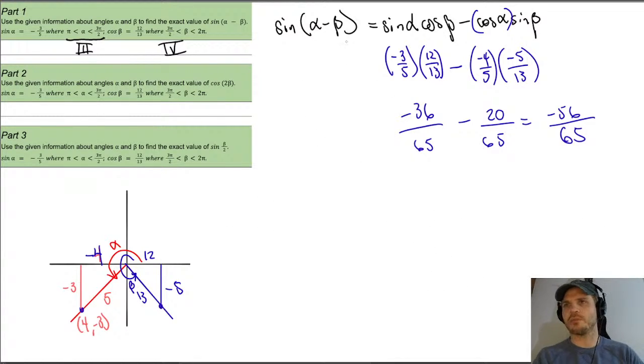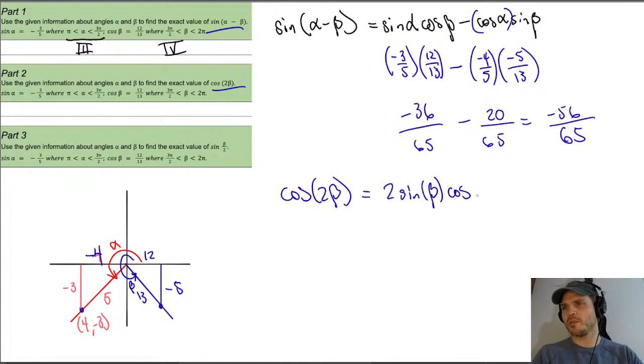Yeah. Okay, so same thing. The first time they asked us to find this one, in part 2 they asked us to find the double angle for cosine. So 2b. And this is going to be sine, cosine plus cosine sine, but they are the same, so it's 2 sine beta cosine beta.